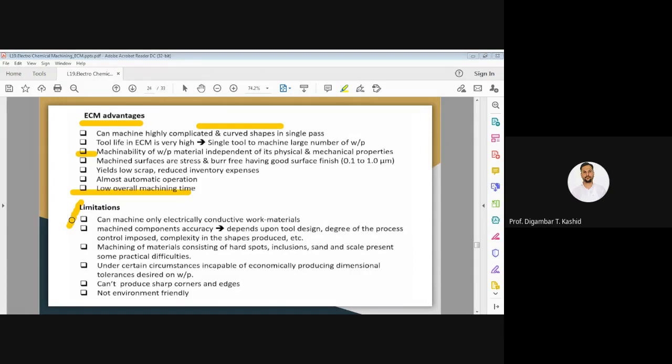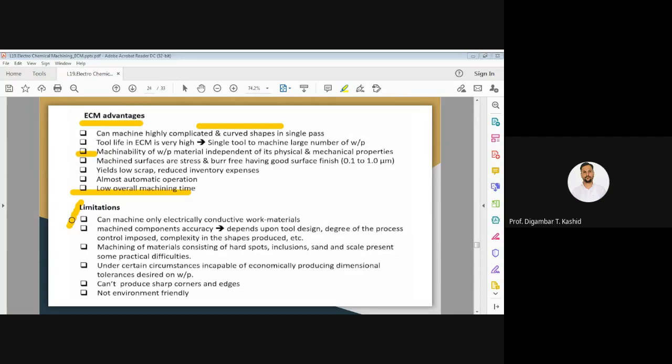The machine component accuracy depends on tool design, degree of process control, and complexity in the shapes produced.